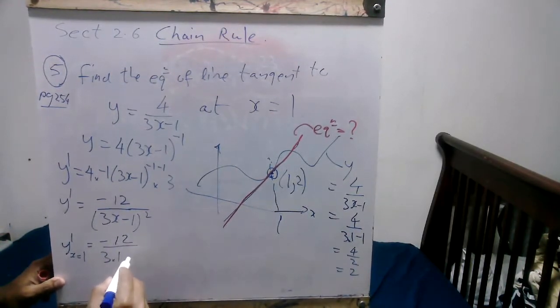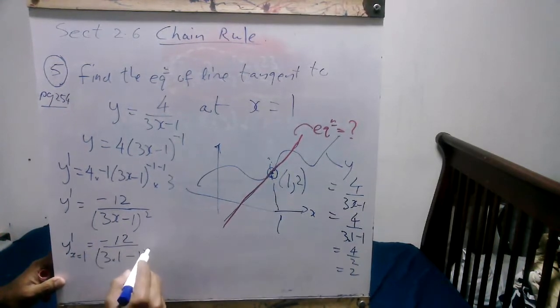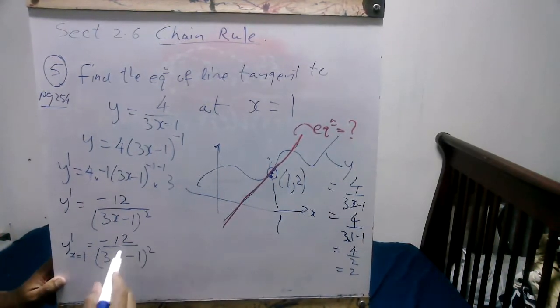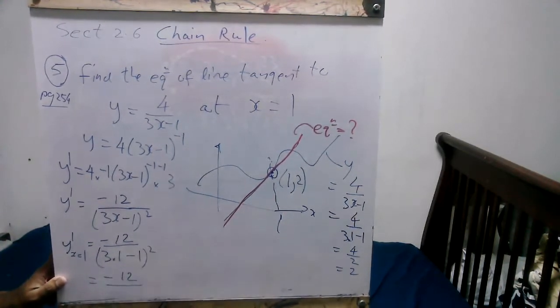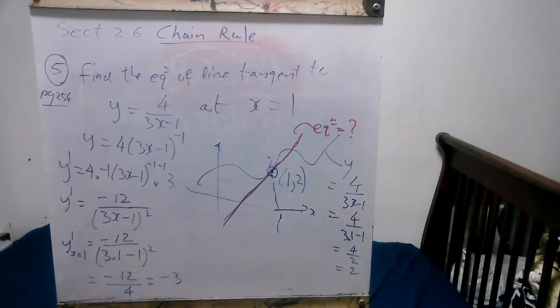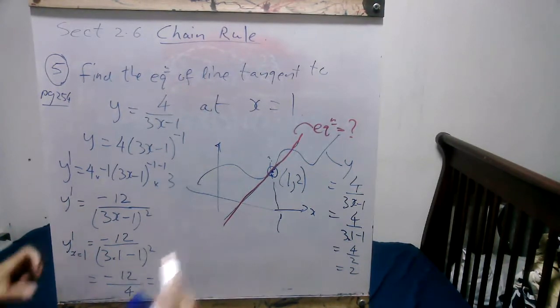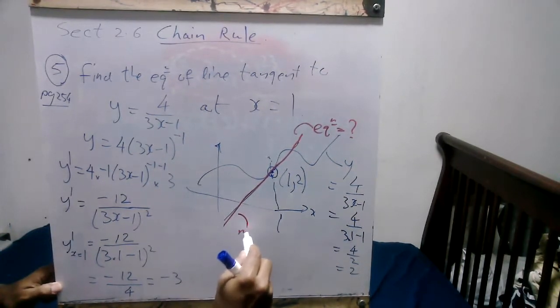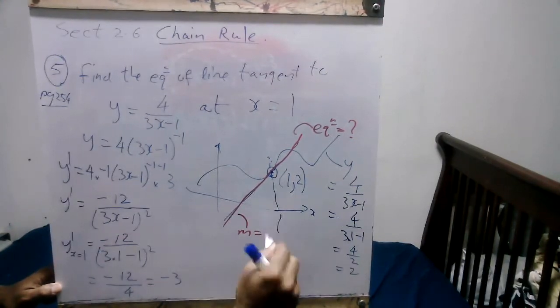Negative 12 divided by 3 times 1 minus 1 to the power 2. 3 times 1 is 3, 3 minus 1 is 2, 2 squared is 4. Negative 12 divided by positive 4 is negative 3. Right? Now we know the slope of this line. M equals negative 3.